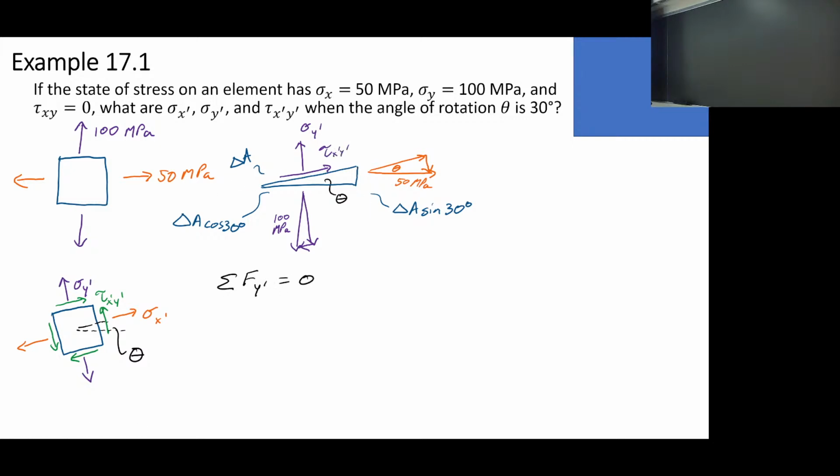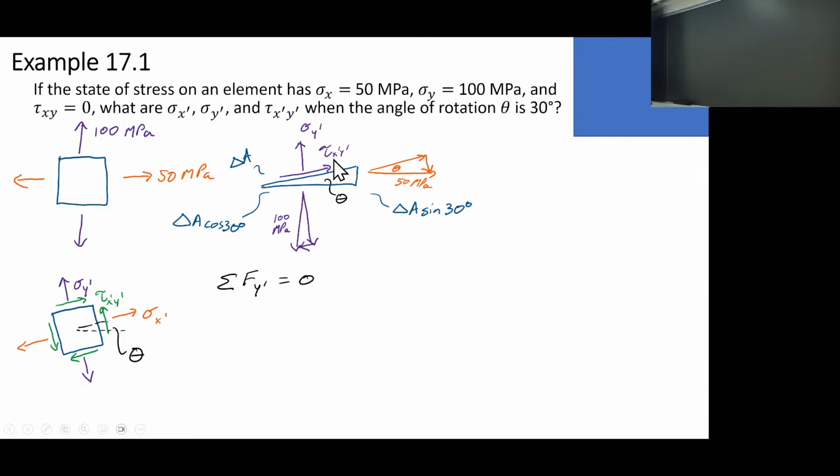Again, we do a similar thing. We're going to do equilibrium in two directions, but instead of x prime first like last time, we do it in x prime and y prime. We don't have any representation of sigma x prime in this drawing. The unknowns are sigma y prime and tau x prime y prime.